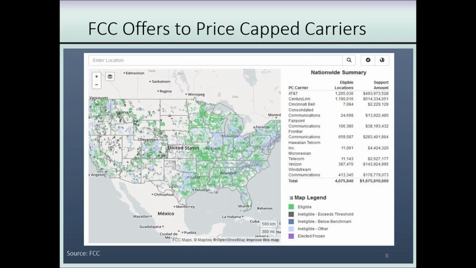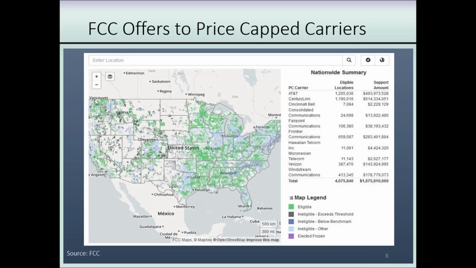As Troy was talking, the price caps were provided, if you will, the first bite at the apple. Not all the commissioners agreed that this should be done in this fashion, but the price caps, the incumbents, were offered the full reserve amount. There was no bidding required, but the full reserve amount in their territory so long as a full commitment was made statewide.